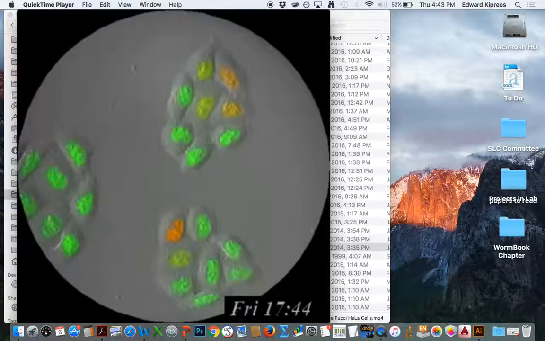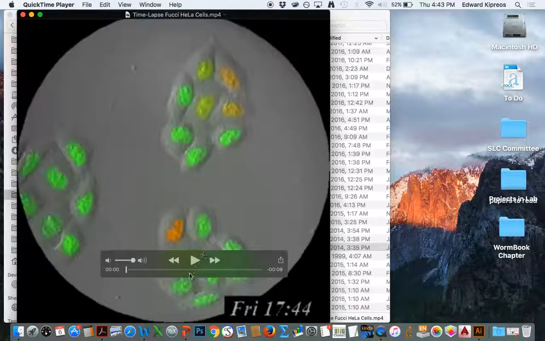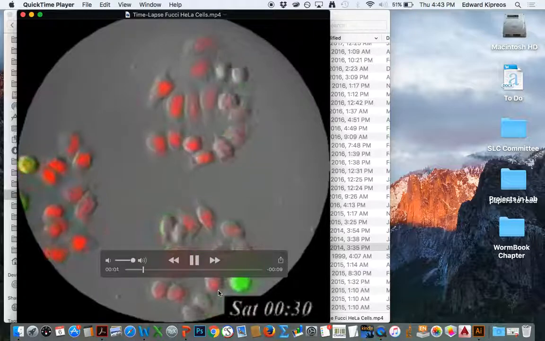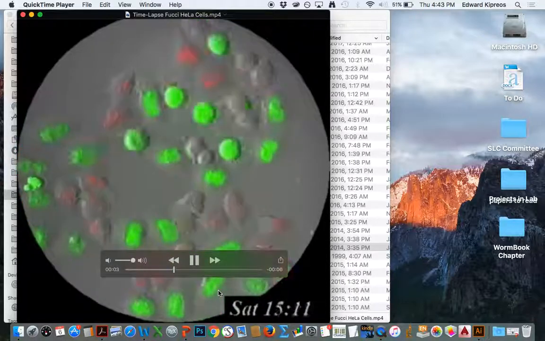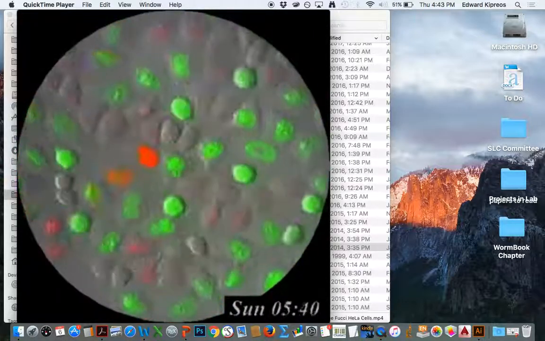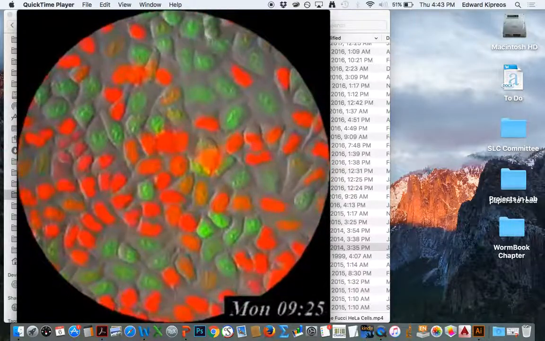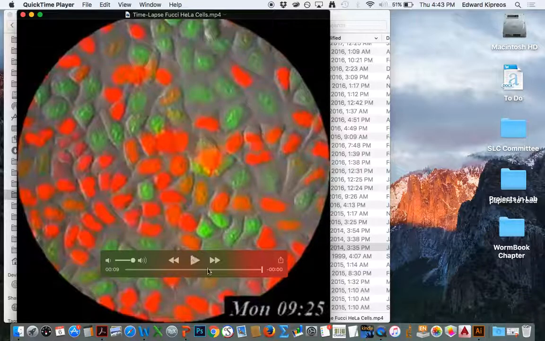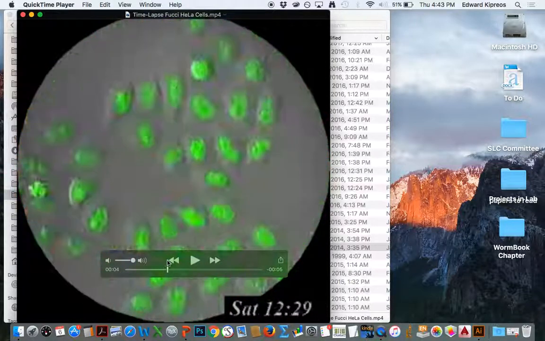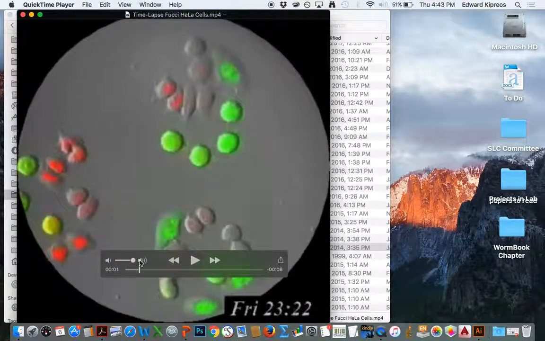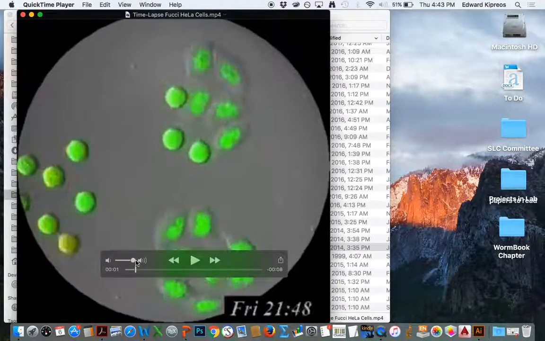And the red is only going to be made in G1, and it's going to be degraded as it goes into S phase. All right. So if you look carefully, what you'll see is that it's the green cells that are the ones that are dividing. They're the ones with geminin. Okay, so here's the green cells.